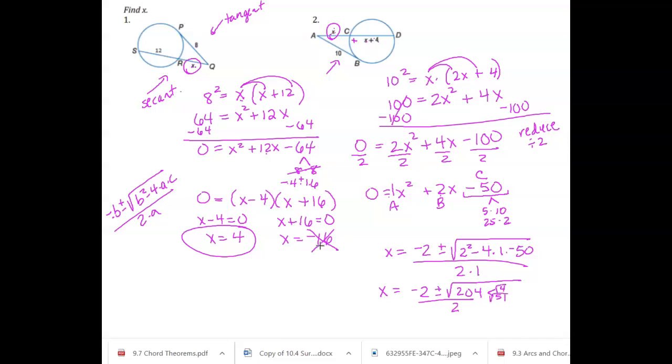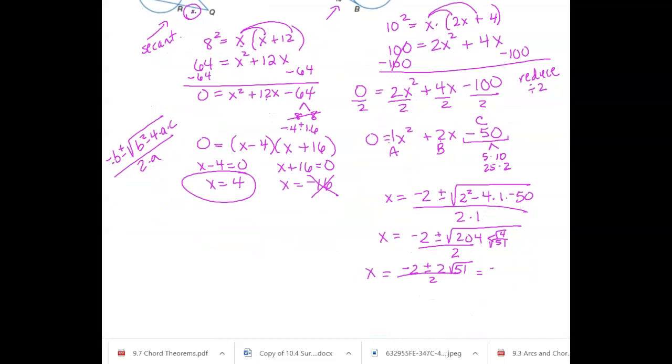So the square root of those, I would get negative 2 plus or minus 2 root 51 all over 2. We know we're not going to have the negative, so if I reduce all of these by 2, we've got negative 2 plus 2 root 51, because we can't have a negative solution. But all 3 of these outside numbers reduce by 2, so we end up with negative 1 plus root 51. And that would be the exact answer. Okay, that was tricky.